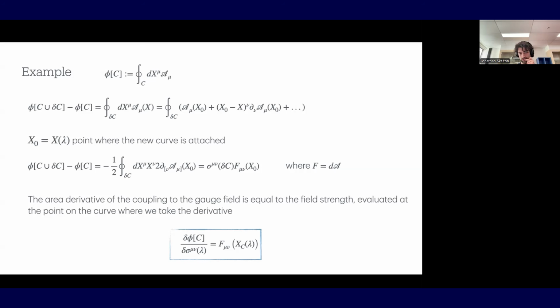And then you obtain exactly this, where f is defined as the exterior derivative of a, which is the field strength. So what you find by taking the area derivative of this coupling to the gauge field is the field strength, the F associated with it. And if we evaluate this for a generic point on the curve, this is the formula at the bottom here for this example.